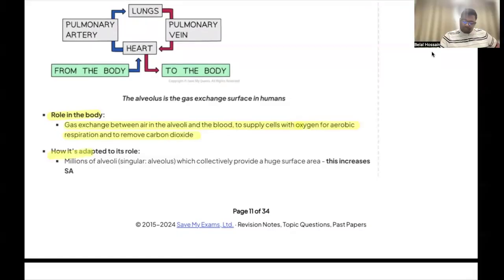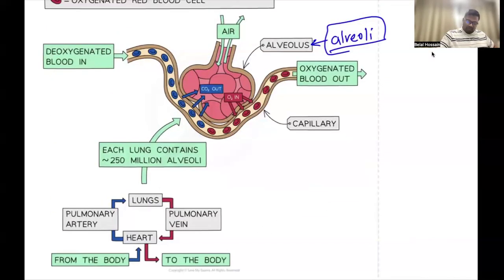How is it adapted to its role? There are millions of alveoli. Actually, if we take out all of these alveoli and spread them out, let's say in a field, it will be at least the surface area of half a tennis court. Now, based on your idea before, greater the surface area, faster the diffusion.